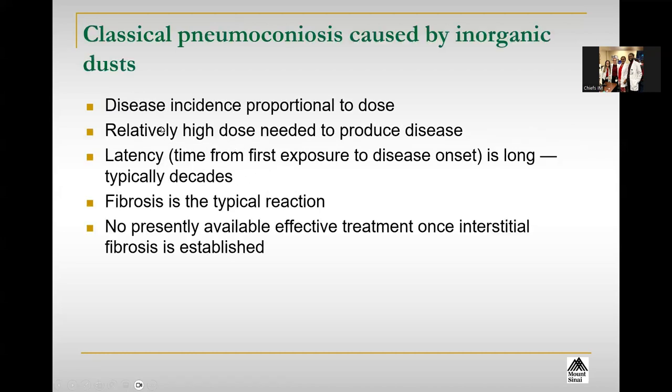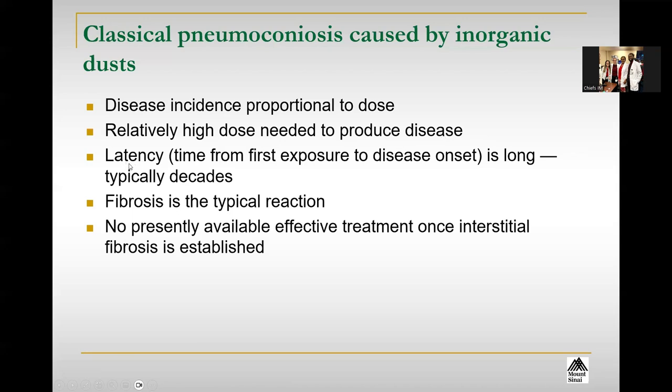So the disease incidence is usually proportional to dose intensity in broad terms. Relatively high dose is needed to produce disease, so usually very trivial exposures may not lead to disease.